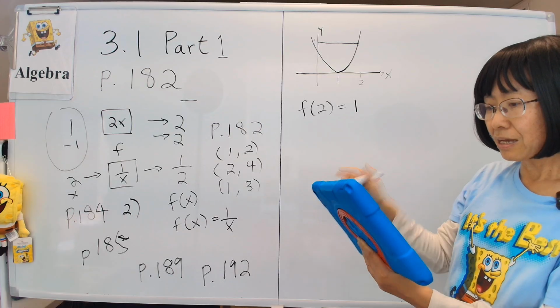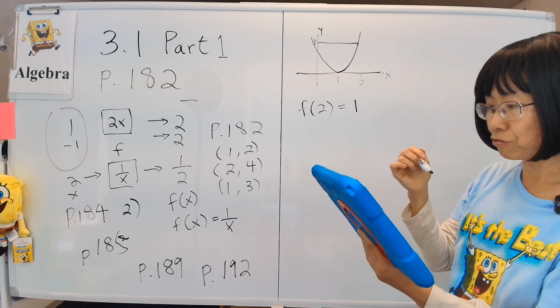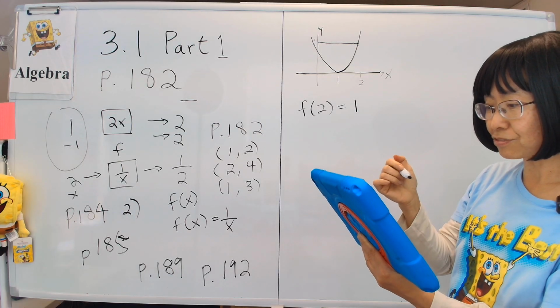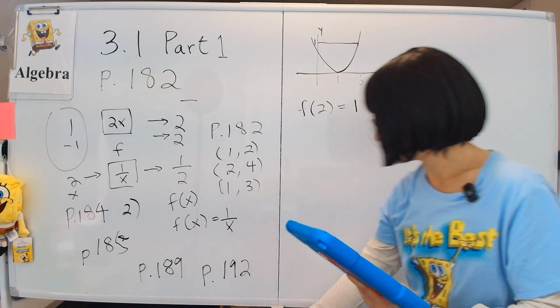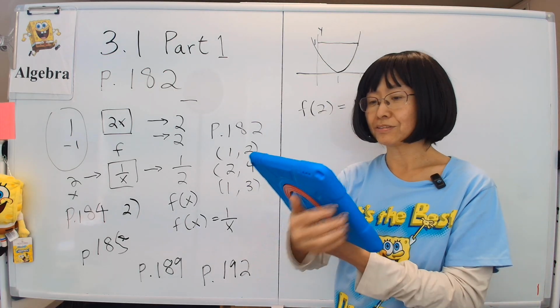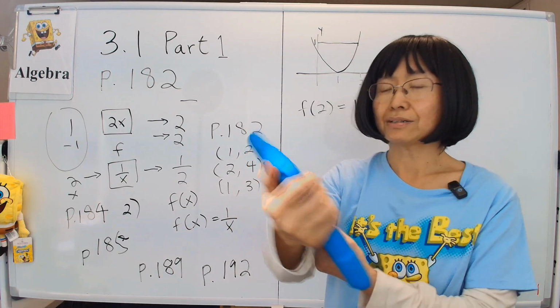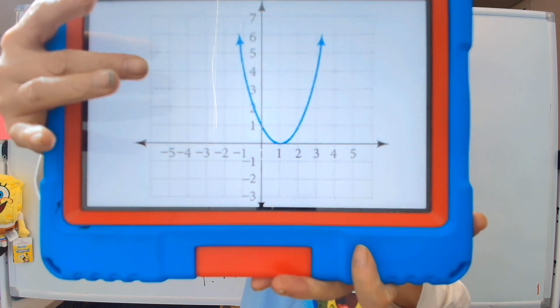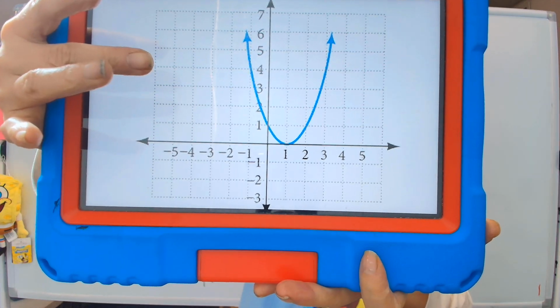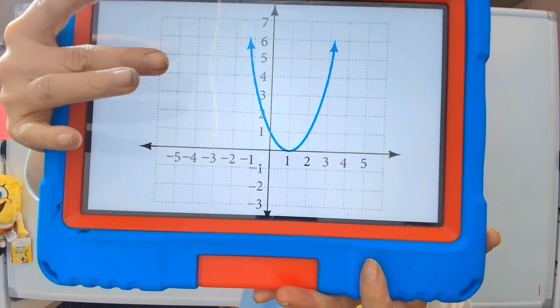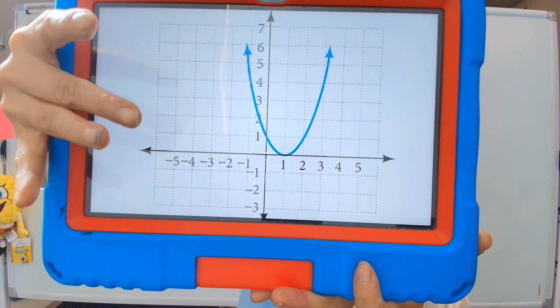Similarly, we need to solve f of x equals 4. So what happens when f is 4? Now, my graph is not drawn properly enough to do that, so we can look at this. When y equals 4, you look across to where it hits the graph, and look down, it hits at 3.